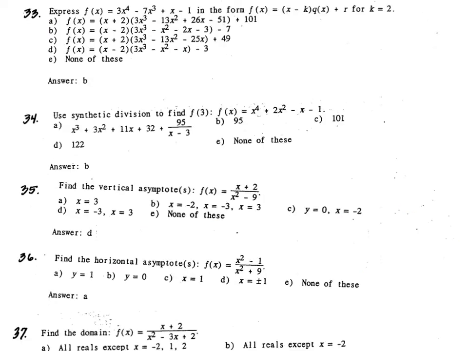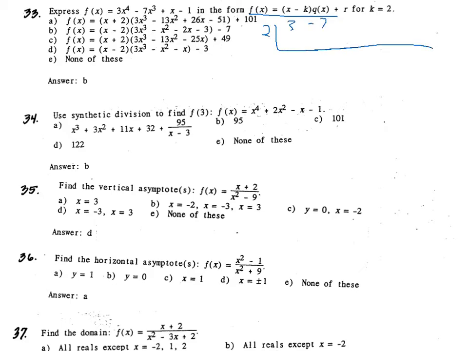In number 33, we want to divide the polynomial by k equals 2, and then write the answer in this special form. f of x equals x minus k times q of x, which is the quotient, plus r, which is the remainder. So I'm going to do synthetic division with 2.